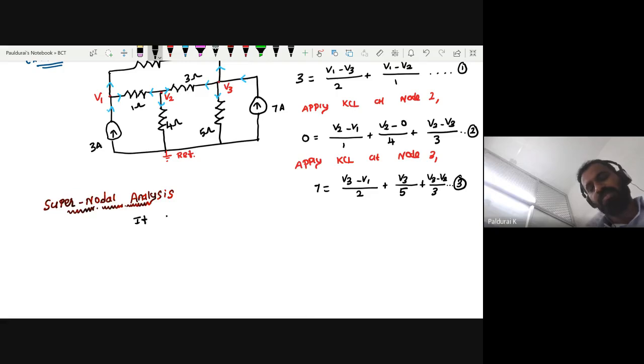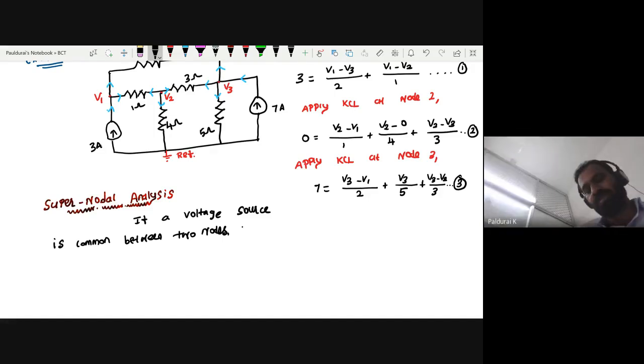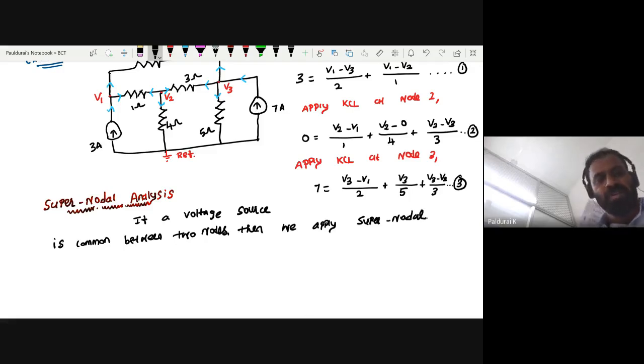If the voltage source is common between two nodes, then we apply super nodal. Okay, so let me start with another example.